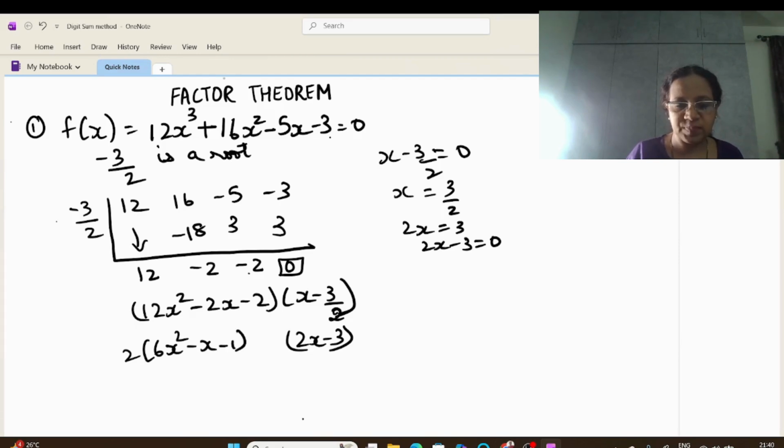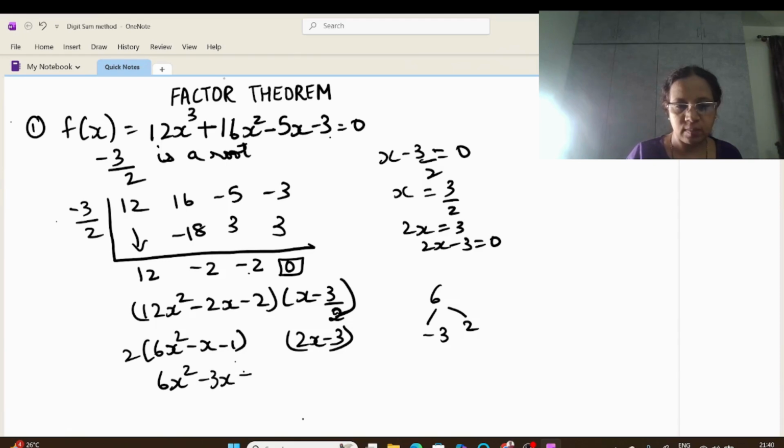Let's split the middle term to factorize this. The product should be minus 6, and when you add, the sum should be minus 1. So it will be 6x squared, and 6 can be minus 3 into 2, which will give you minus 1.